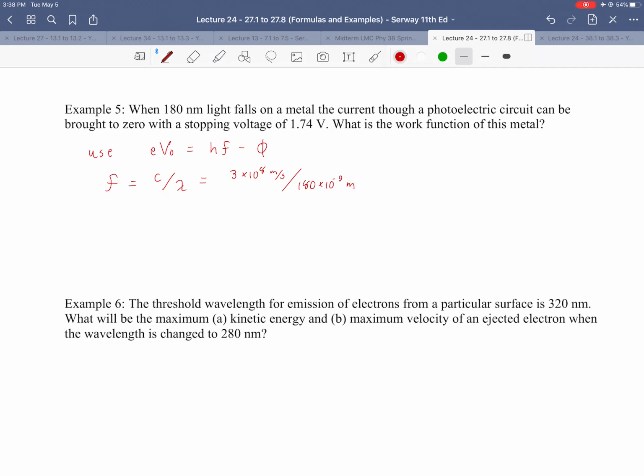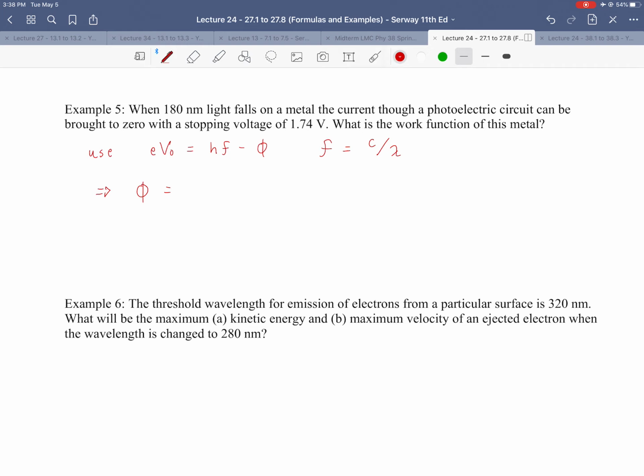Actually, let's backtrack, because I didn't solve that numerically. I'll just leave that as an extra step, and we'll substitute it in. I'm going to replace f with c over lambda, so that we'll just use the values that we're given. We want to isolate the work function here, in joules. So I'm just going to solve for phi.